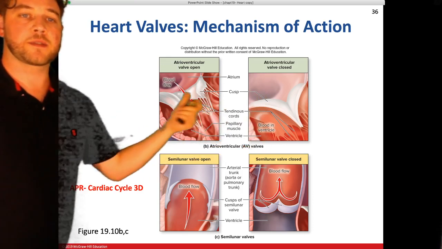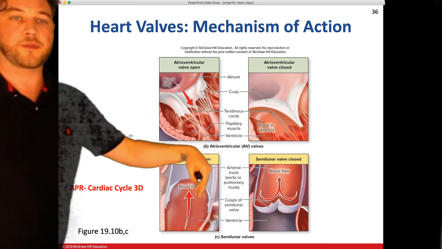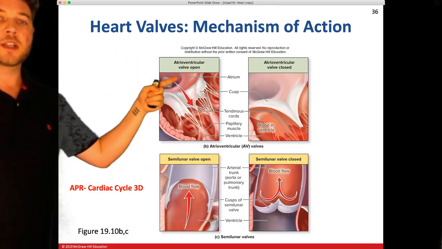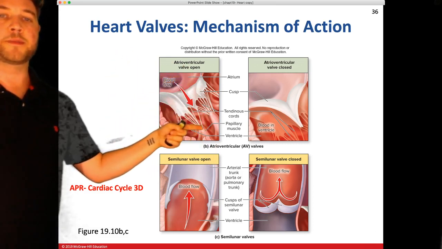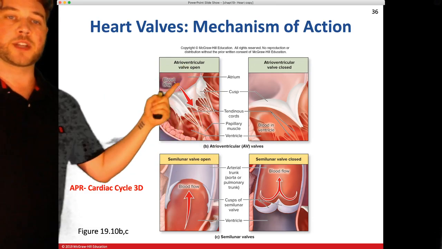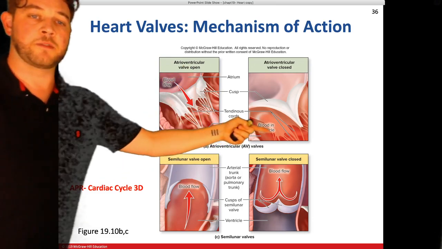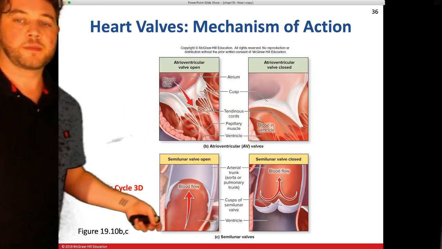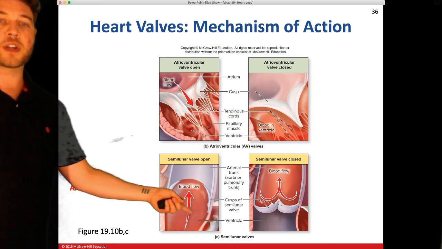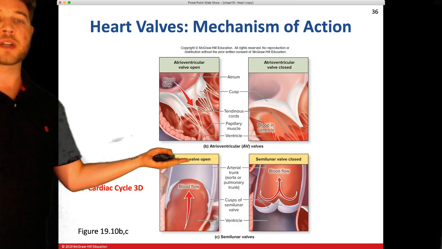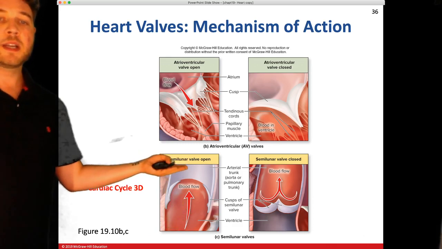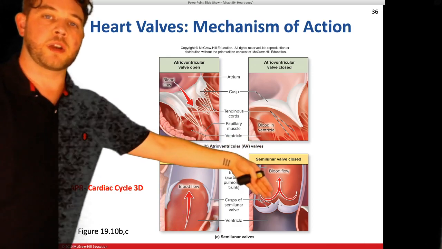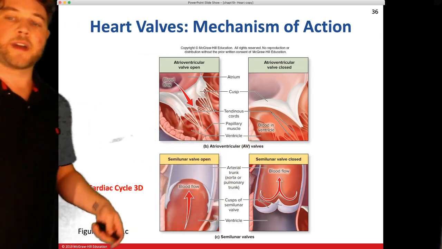When you're flowing down from atria into ventricle, the pressure in the atria is greater than the pressure in the ventricle. Once the ventricle fills and the atria is emptied, the pressure in the ventricle is greater than the pressure in the atria, and so the valves close. For the semilunar valves, the pressure in your ventricle overcomes the pressure in your artery to open them. Once those ventricles are emptied, the pressure in the artery is greater than the pressure in the ventricle, and so it closes the valve.